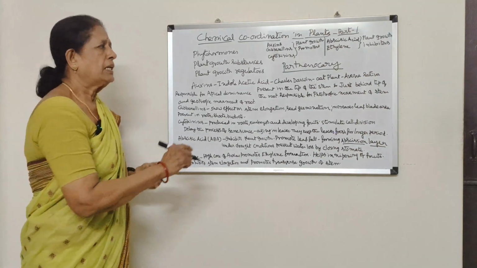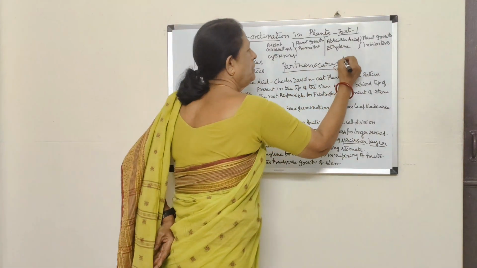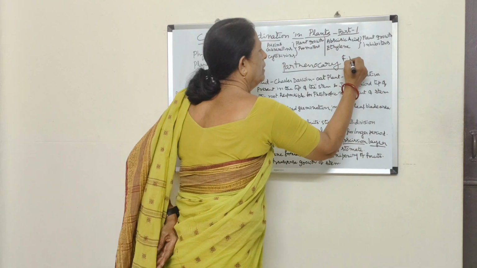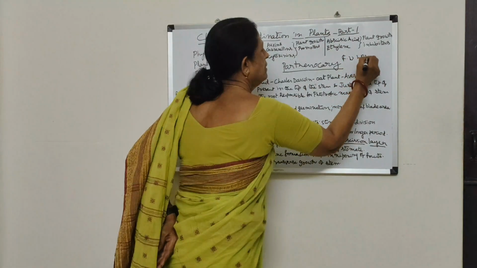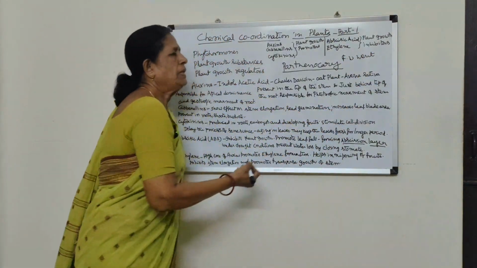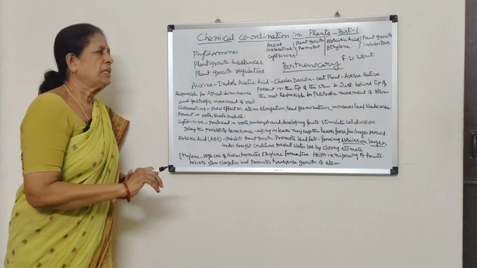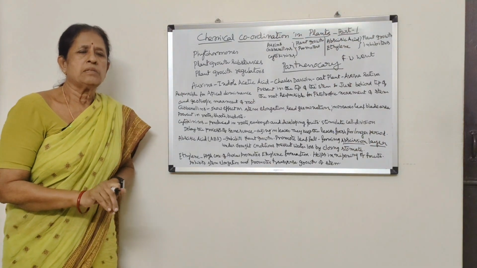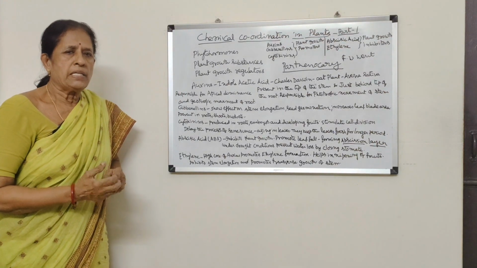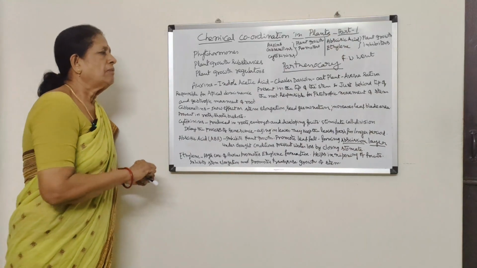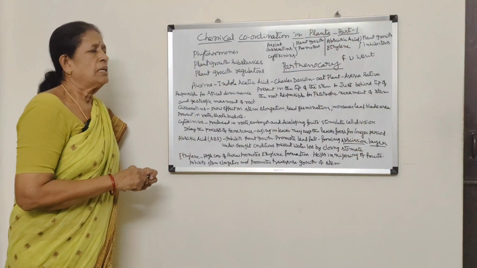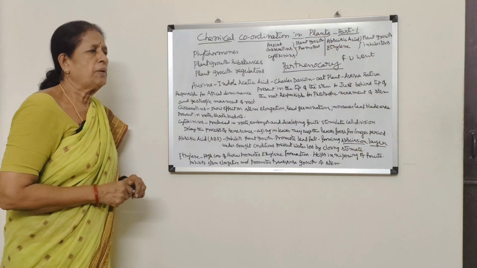Next, another scientist, F.W. Went, did the same experiment and gave the name auxins. Auxins means to increase. Auxins increase the size of the plant.